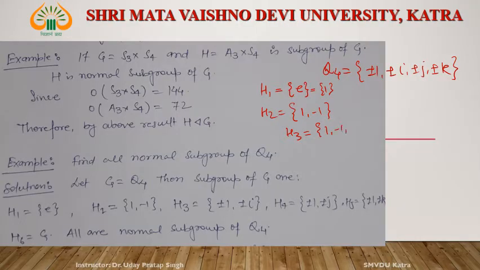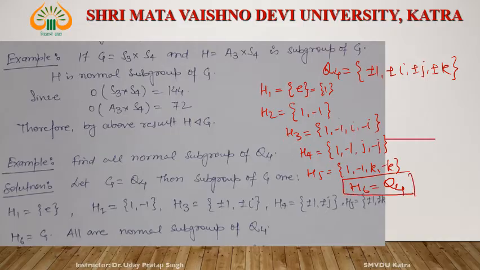What is H3? 1, minus 1, i, minus i. What is H4? 1, minus 1, j, minus j. What is H5? 1, minus 1, k, minus k. What is H6? H6 is Q4. Right? These two subgroups are known as trivial.